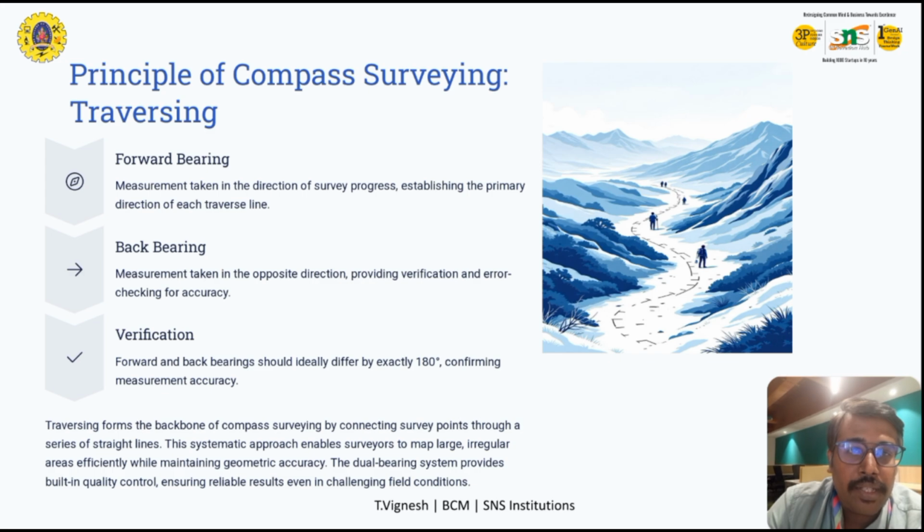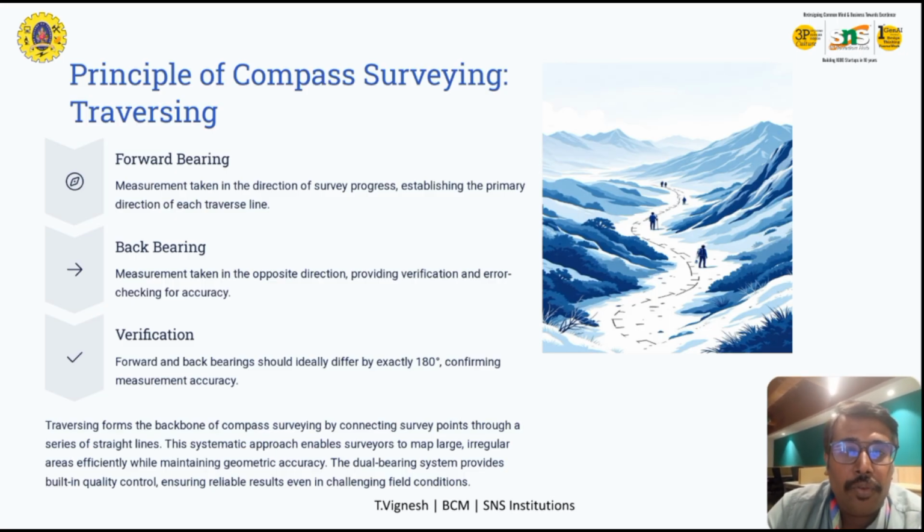It is for error checking and accuracy. Forward and back bearings should ideally differ by exactly 180 degrees, confirming measurement accuracy. If the value differs, we need a verification process, since either the forward bearing or the back bearing has a mistake.